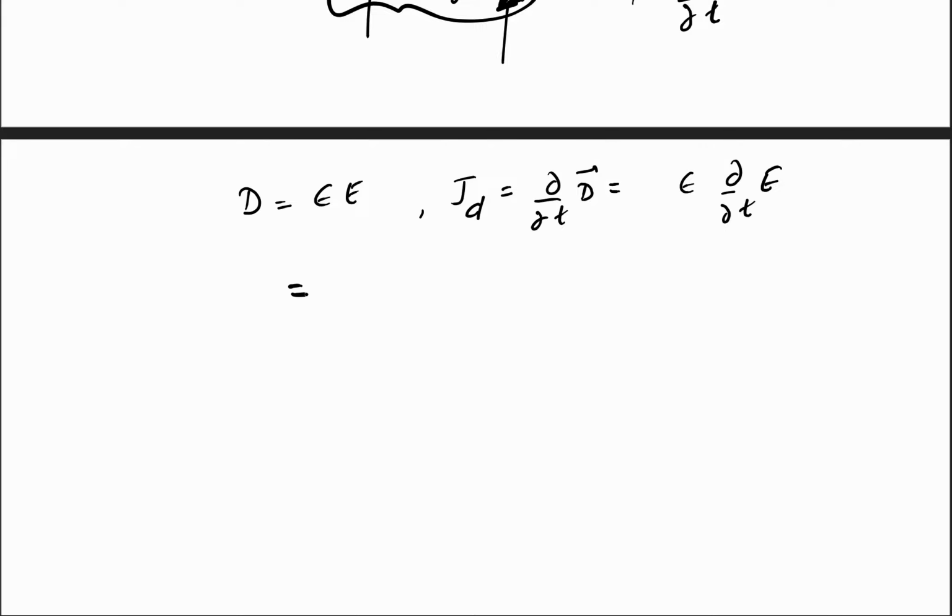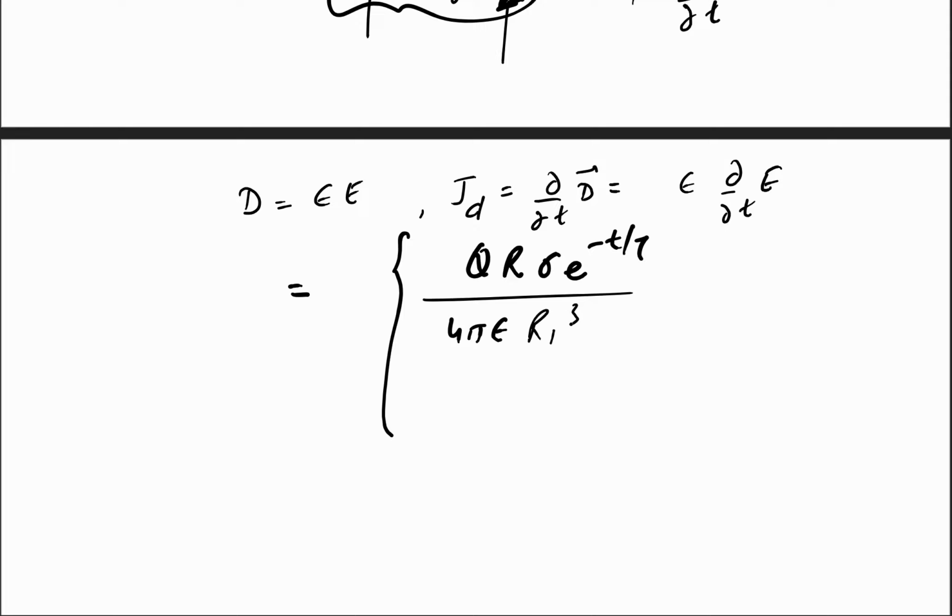So from that, we will find that it is equal to Q r sigma e to the minus t by tau over 4 pi epsilon R1 cube when 0 is smaller than r smaller than R1, and of course there will be a minus sign.